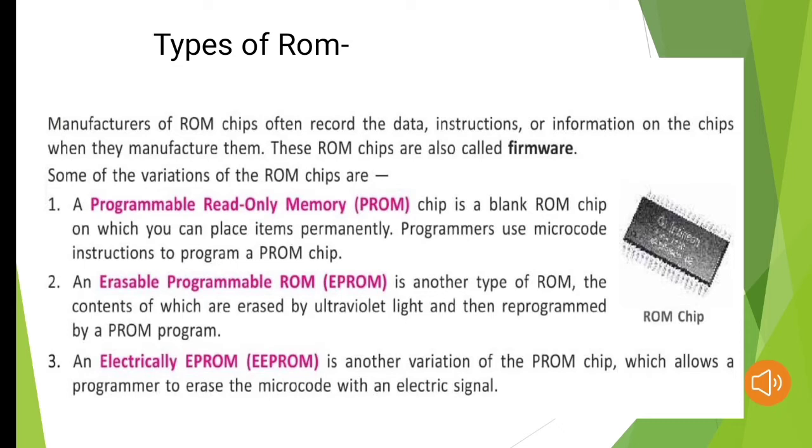The content of the chip can be erased by using ultraviolet light and rewritten. The programs written on EPROM are written for applications. EEPROM, electrically erasable programmable ROM. In EEPROM, microcode can be erased with electric signals. It is used to store BIOS information for the PC.